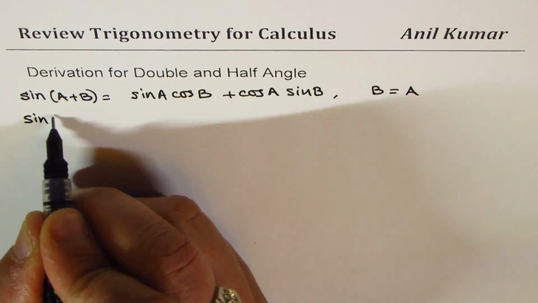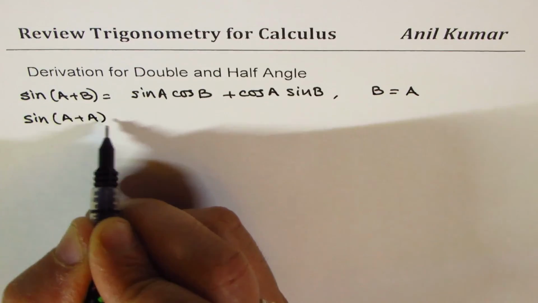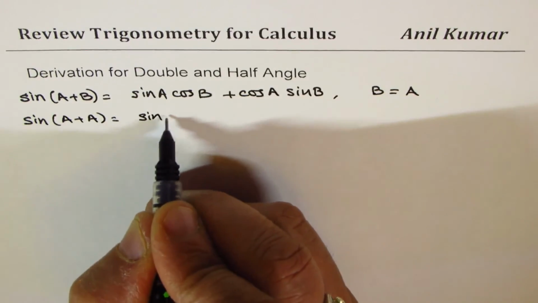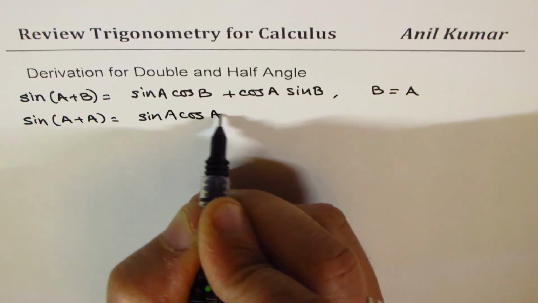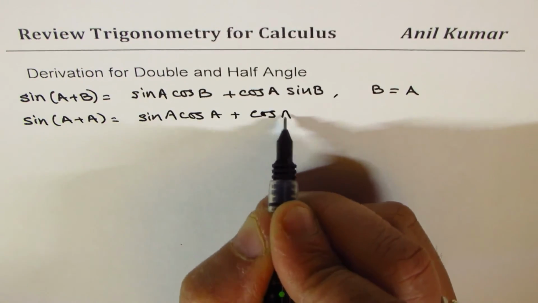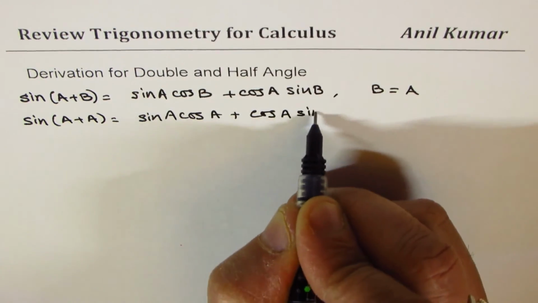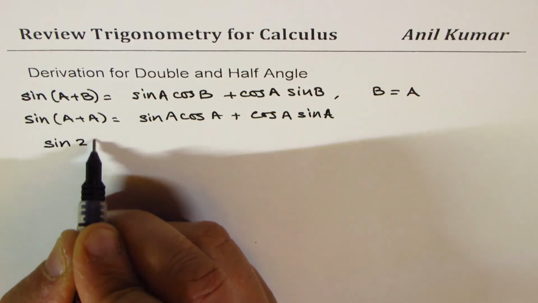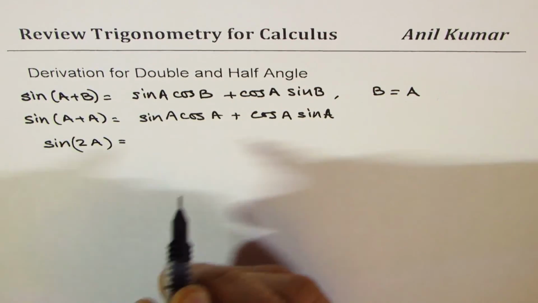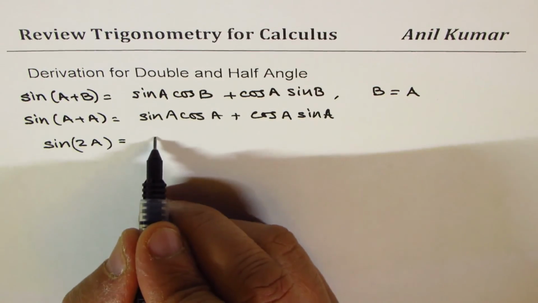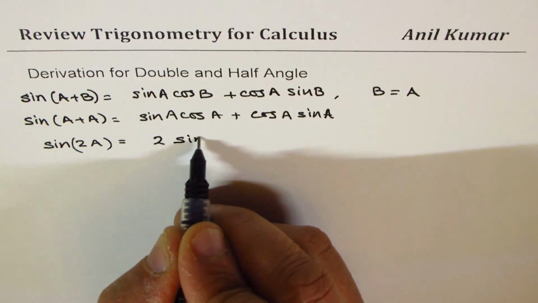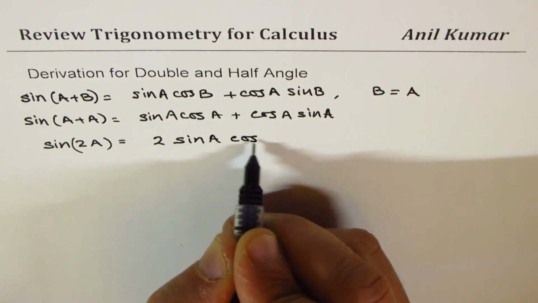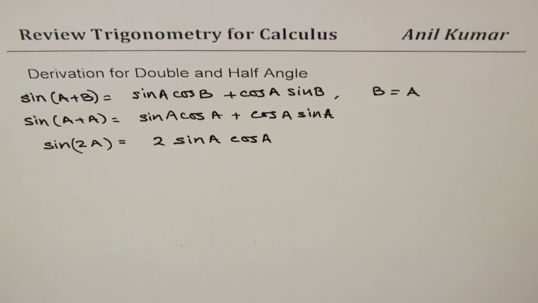I get sine of A plus A equals sine A cos A plus cos A sine A. A plus A is 2A, so I could write this as sine of 2A equals 2 times sine A cos A. So that's the double angle formula for sine.